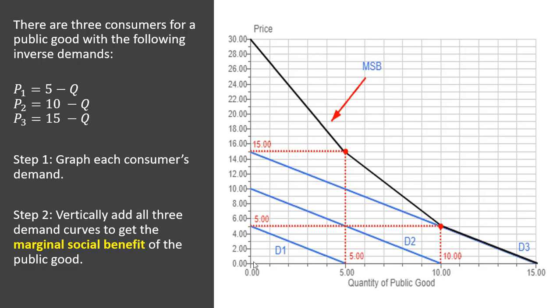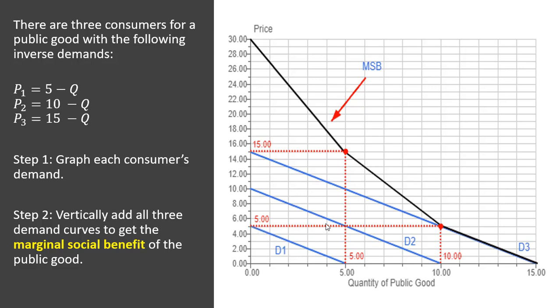The next thing I want to do is walk along the quantity axis and find when one of the demand curves touches the quantity axis. The first demand curve touches the quantity axis right here at 5 units. That will create a kink in the curve. So at 5 units of output I'm going to add up the price from the second demand, and I'm bringing that across.